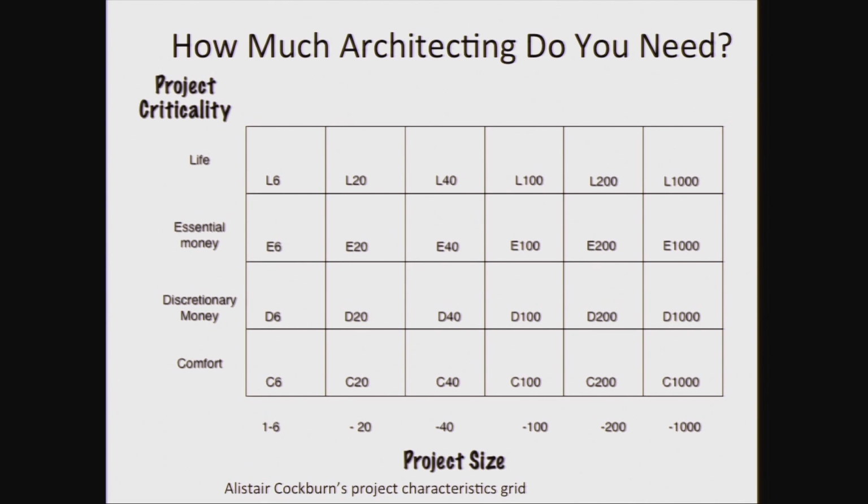Okay. So again, then there's this other axis of project size. And so Alistair uses this to think about how much ceremony, how much gates we need, those kind of things. But I found it useful to consider how much, not just tacit, it just happens architecture, but how much explicit architecture do we need to think about.